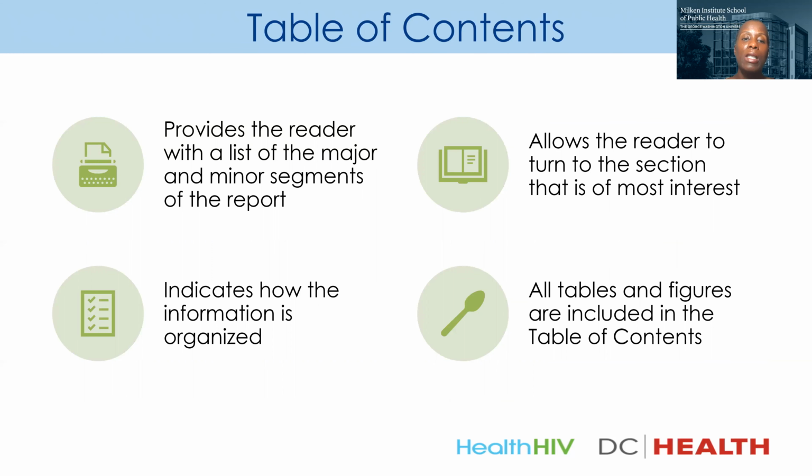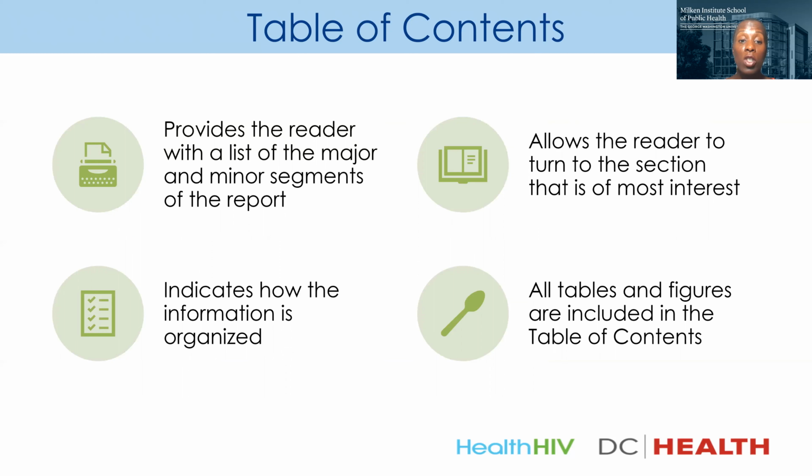So the table of contents is important because it provides the reader with a list of major and minor segments of the report, and it allows them to go and seek and find the section that is of most interest to them. So they don't have to go through 100 pages. Instead, they go to the section of interest.